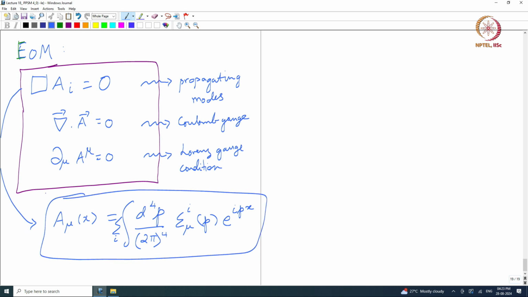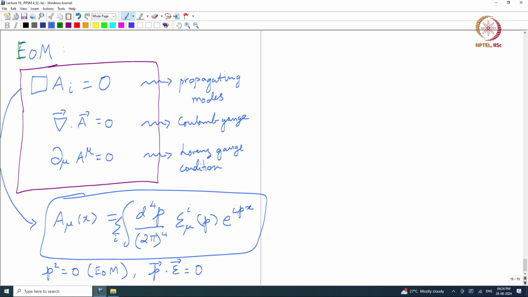Good. And then of course when I apply the equation of motion, I will get p squared equals 0 from the equation of motion, which is good because we know that photons are massless. I will just write this in 3-vector notation.